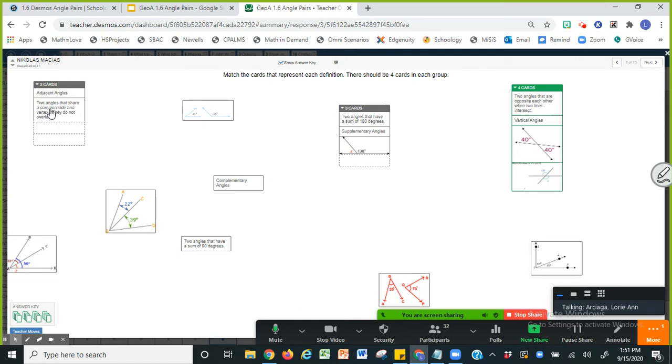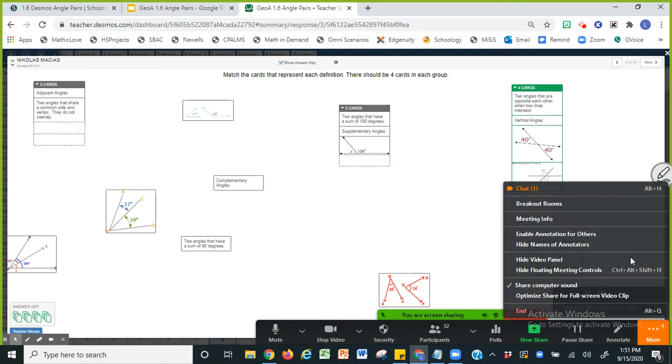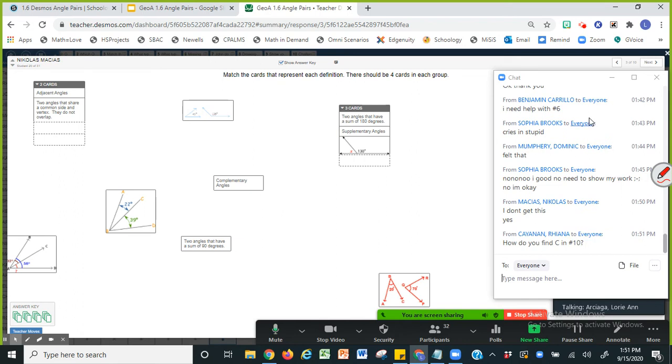Adjacent angles are those that are side by side. They do not overlap. They have a common ray or a common side in the middle, and they also have a common vertex. So you have to find two figures that match that definition. They don't have to equal any special number as long as they're side by side.